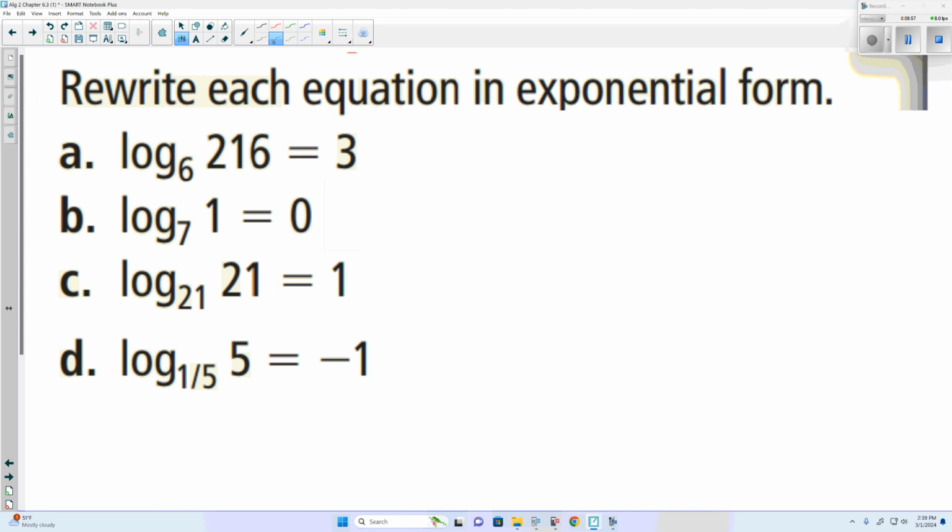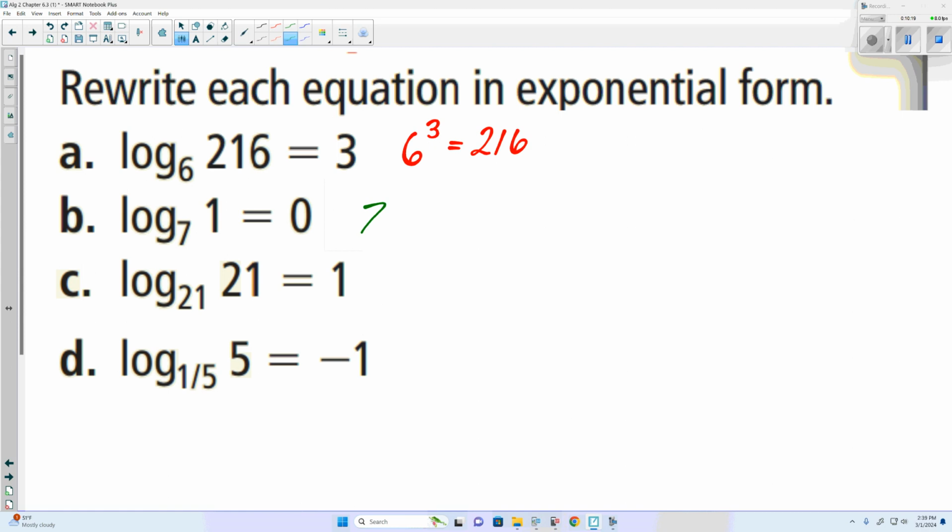All right, let's look at A. Log base 6 of 216 equals 3. In exponential form, it would be 6 to the third power is 216. How about our next one? Log base 7 of 1.